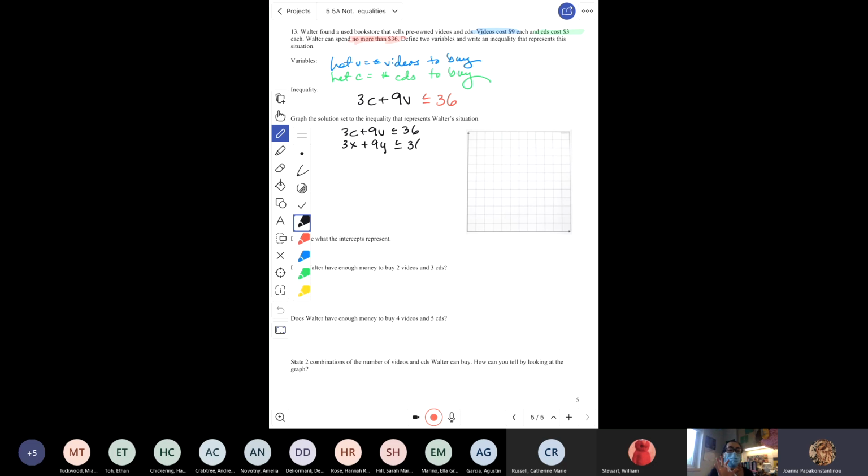It doesn't matter. All I'm saying is at the end of the problem, you need to label your axes according to the variables, knowing which is your independent and which is your dependent variable, which is your kind of X and Y, which is your input and which is your output. So I don't care.